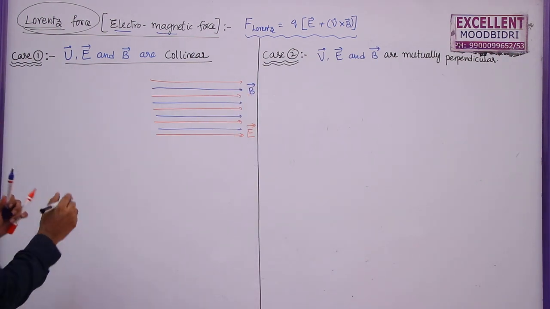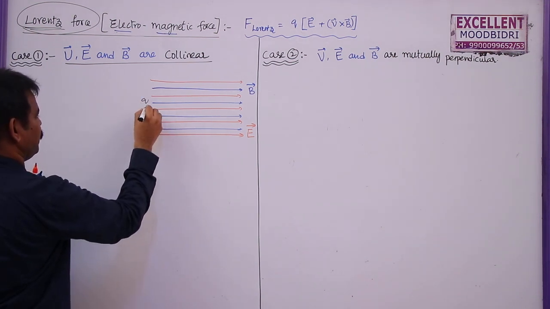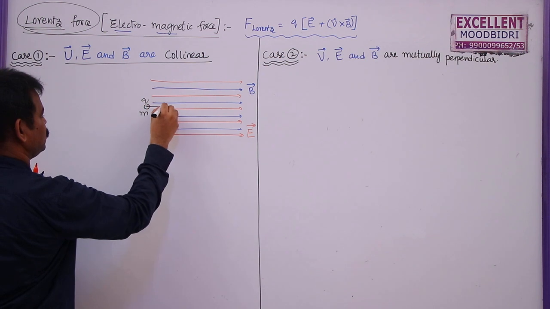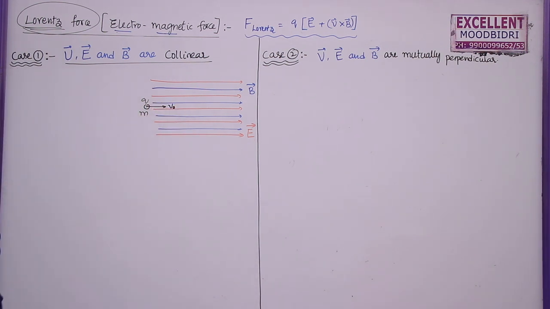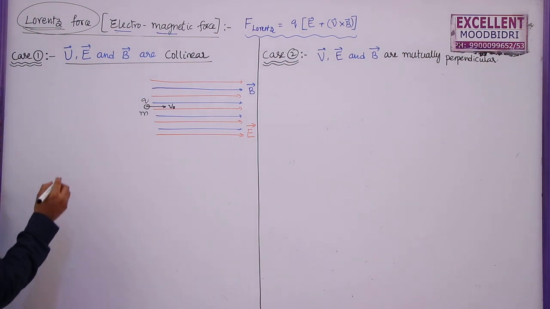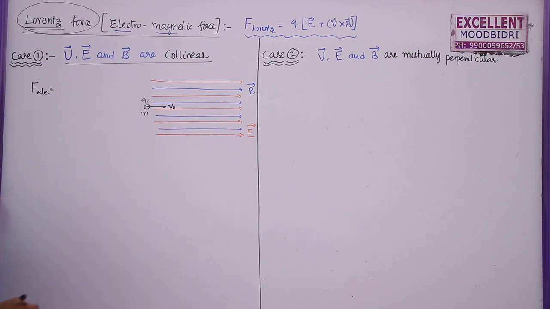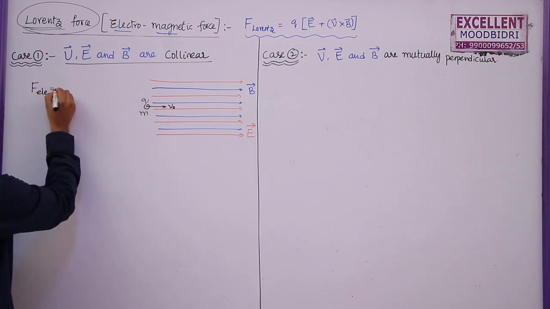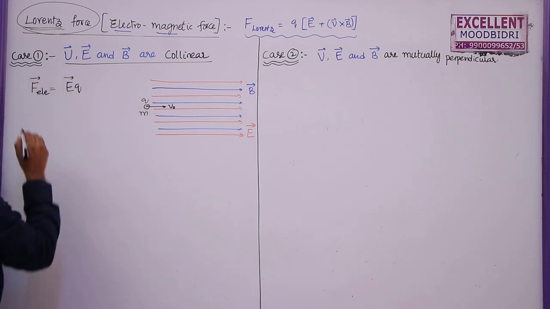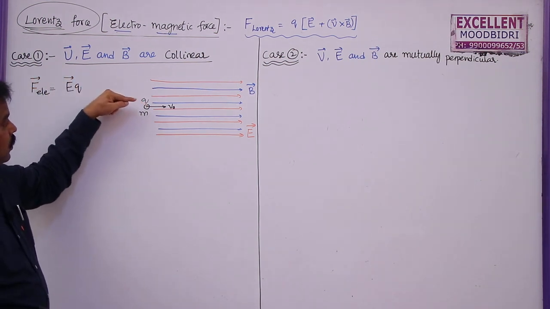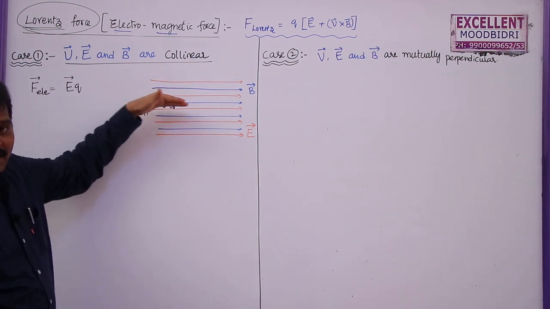Let us say a charged particle of charge q, mass m enters into these combined fields with a velocity V0. Then what happens? First of all, let me find out the electric force experienced by this charged particle. F electric is given by Eq, in the direction of the electric field only. The charged particle enters into this combined field along this direction, that is along the x-axis.